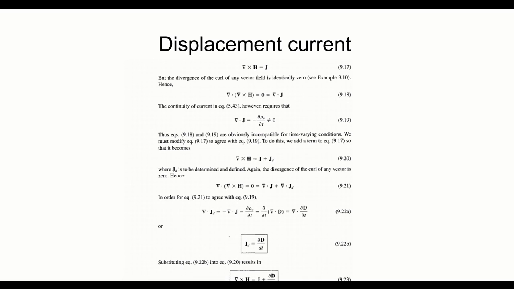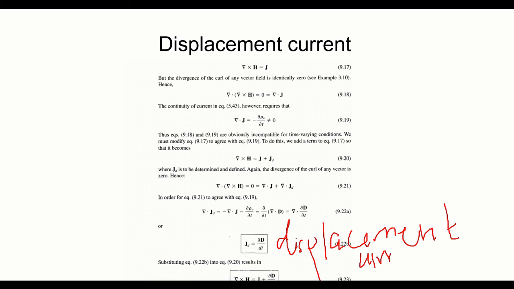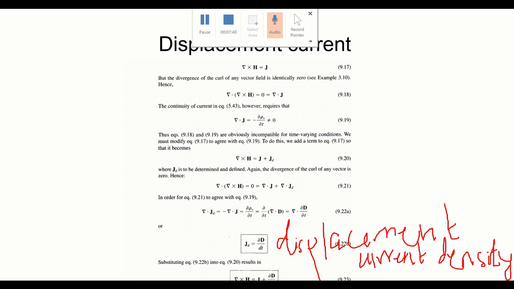Thus the Maxwell fourth equation is modified, and we get del cross H is equal to J plus dou D by dou T.